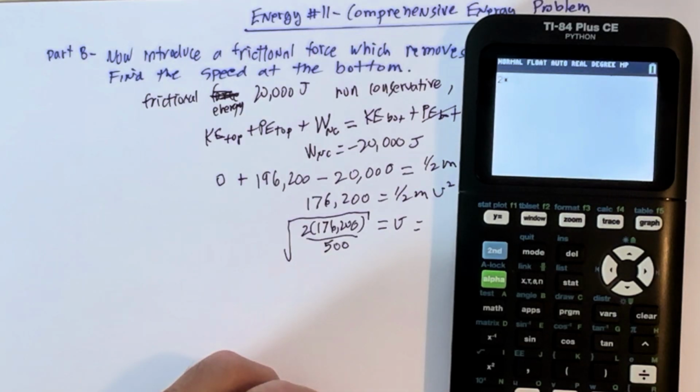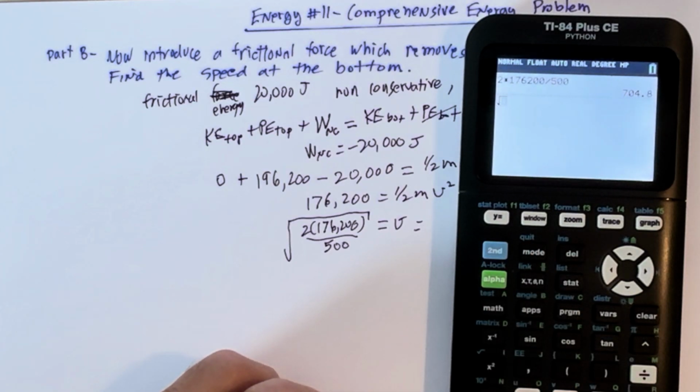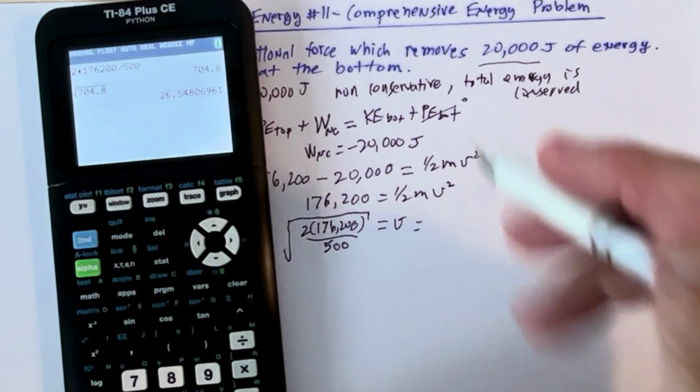Two times 176,200 divided by 500 equals 704.8. Now let's take the square root. Square root of 704.8. Enter.